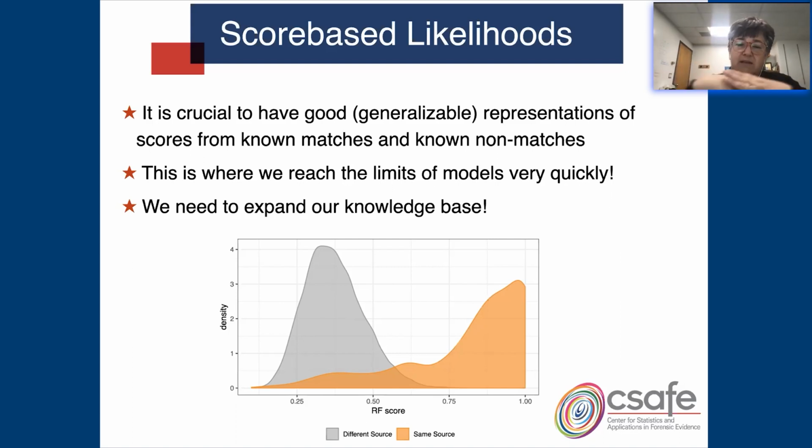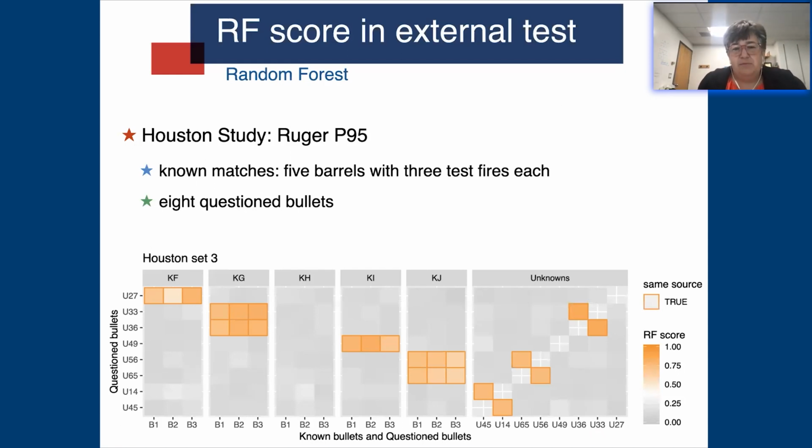So now we can go and try to see whether the model is still valid if we move slightly outside the scope of the model. So here we've got examples from the Houston study.